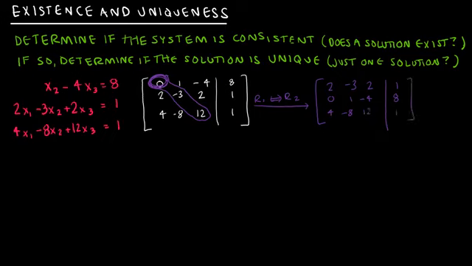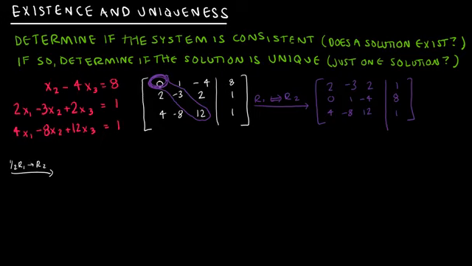So again, the purpose of that is that I didn't like that I didn't have some value here. Now I'm going to try to get that to be a 1. According to the correct algorithm, I don't need it to be a 1, I just need it to not be a 0. I like to have a 1 there, so that's what I'm going to do next. I'm going to take half of everything in row 1 to be my new row 1.